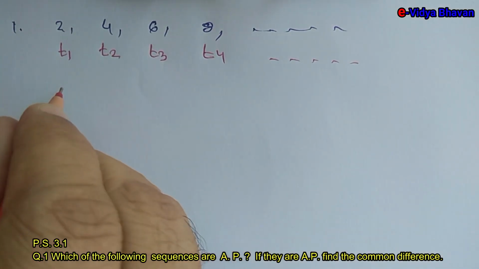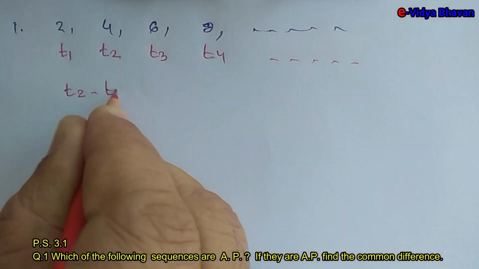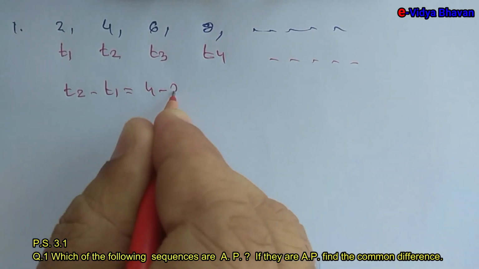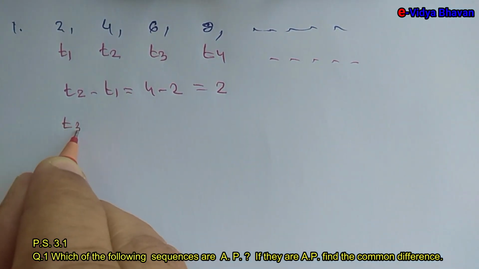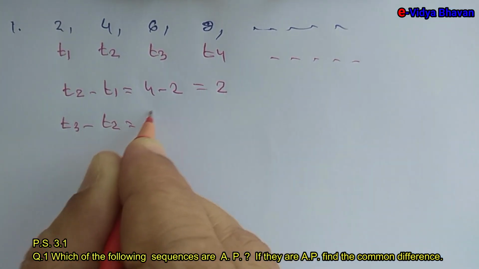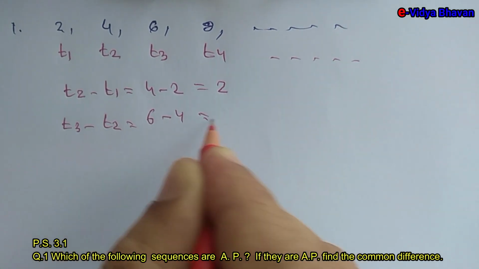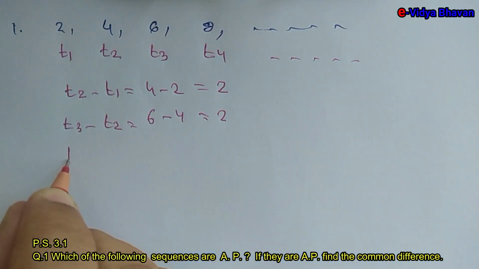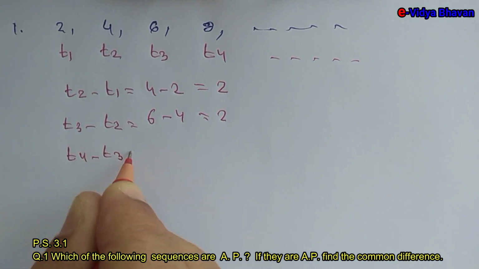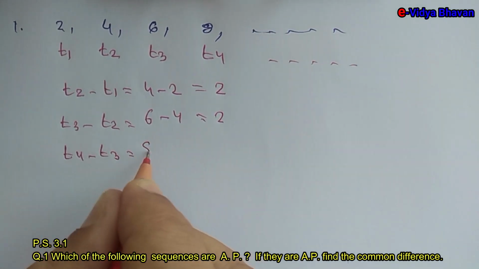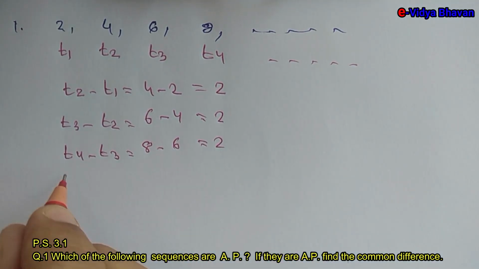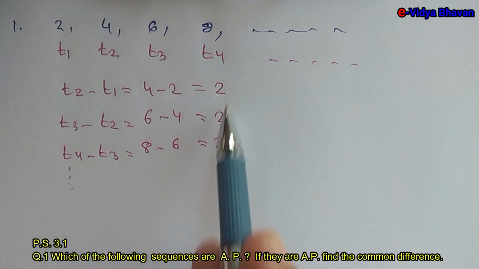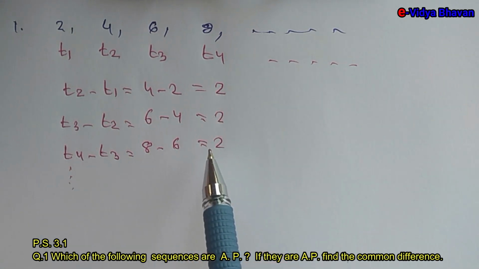T2 minus T1: 4 minus 2 equal to 2. T3 minus T2: 6 minus 4, 2. T4 minus T3: 8 minus 6, and so on. What you have noticed, my dear friends, is the difference is coming the same. The common difference is constant.